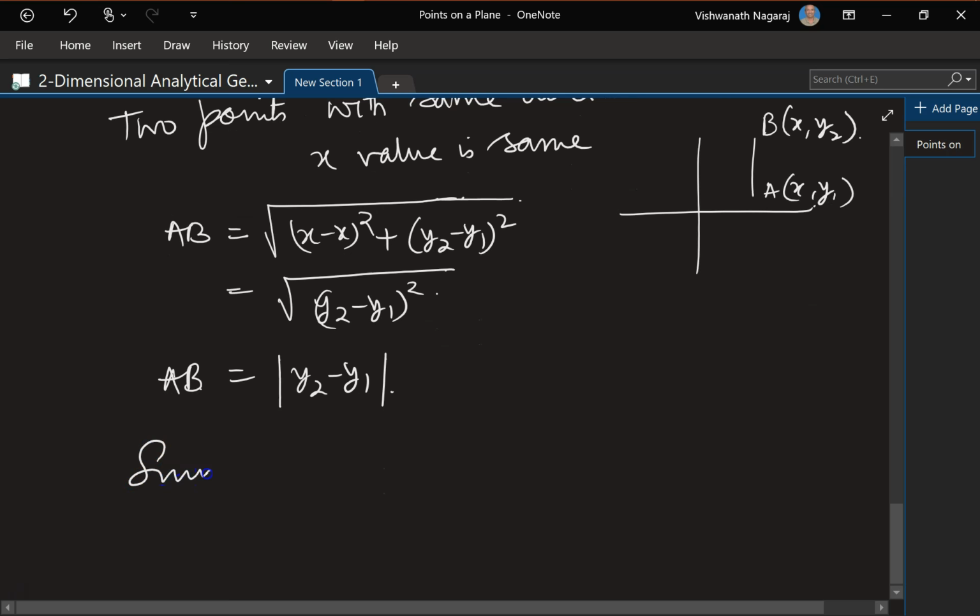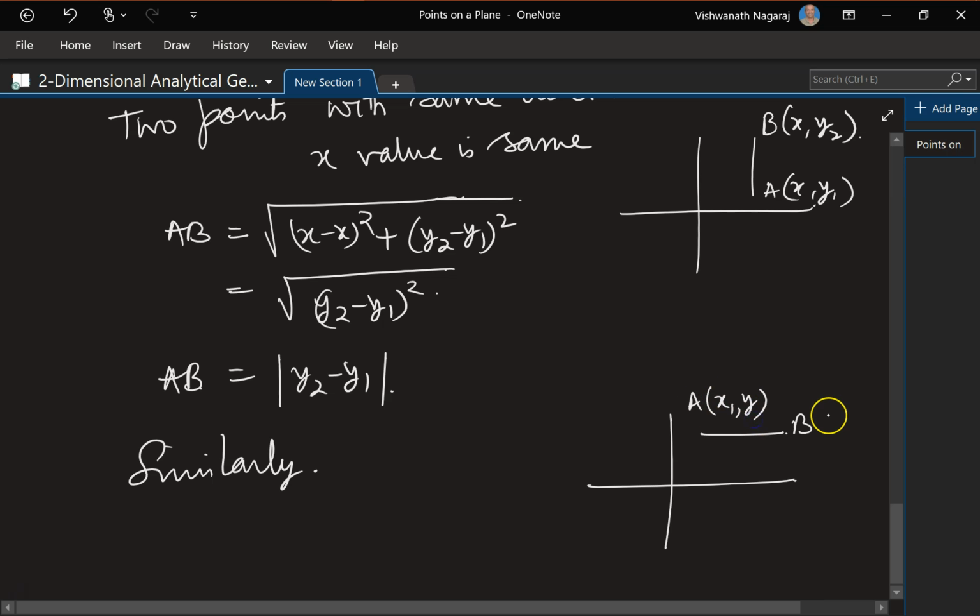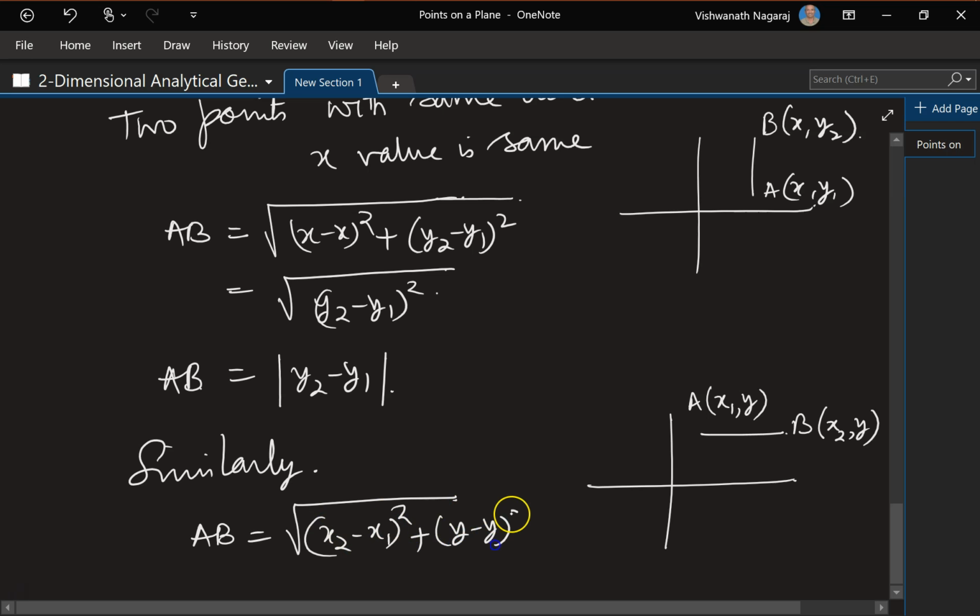Similarly, if we have 2 points such that their y values are the same, say x1 comma y and x2 comma y, then AB is equal to the square root of x2 minus x1 square plus y minus y square.